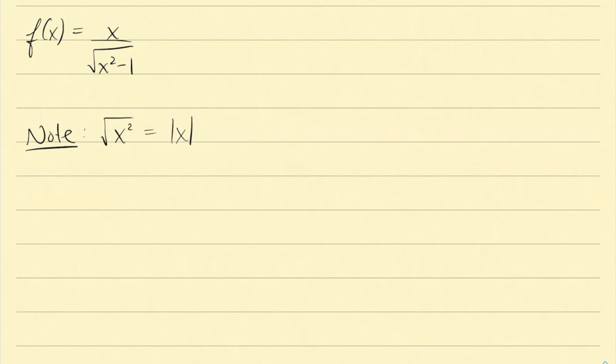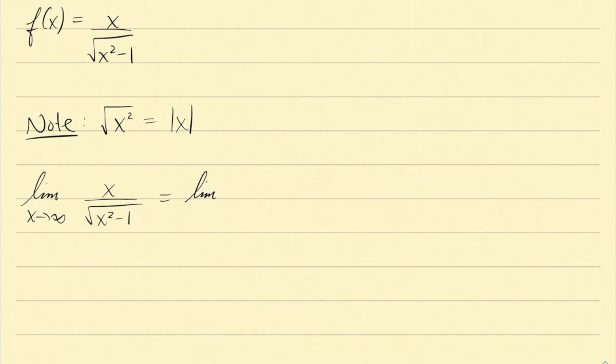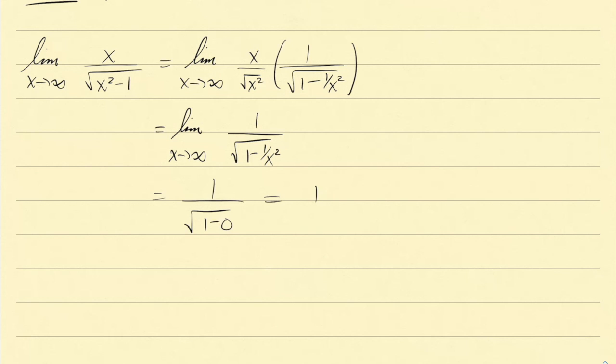So we're going to compute the limit as x goes to infinity of our function f. Now we observe that because x is tending towards infinity, we're assuming that x is a large positive number. So that means that x divided by its absolute value is 1. This says that our function f has a horizontal asymptote at the line y equals 1.